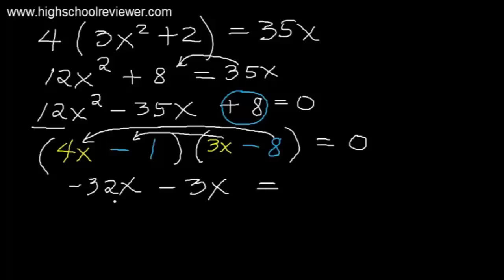So negative 32x minus 3x is negative 35x. Okay, so negative 35x is equal to our second term, which is also negative 35x. So we can say that these are our correct factors. We can now proceed to finding the values of x.